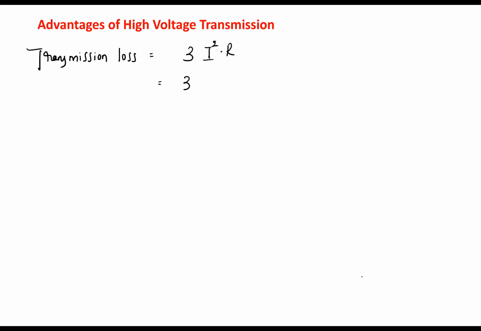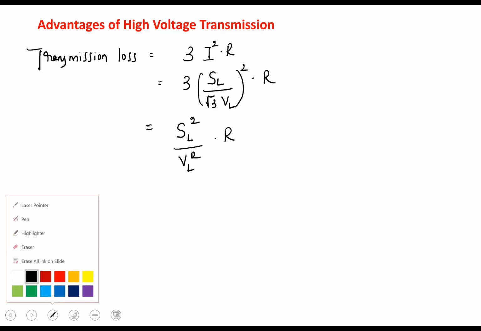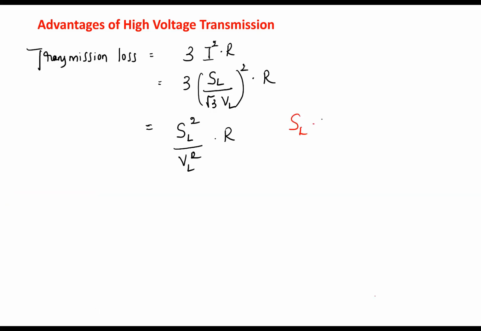So the loss is 3 into (SL by root 3 VL) square into R. Root 3 square and 3 will cancel, giving SL square divided by VL square into R. If your transmission conductor is fixed, your resistance R is constant, and if the load complex power is fixed, your SL is constant.